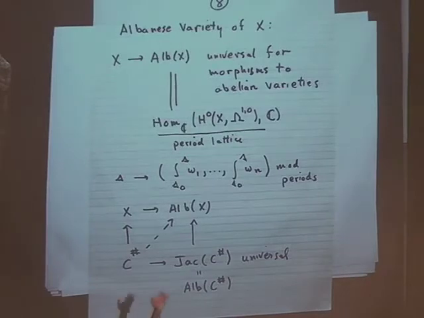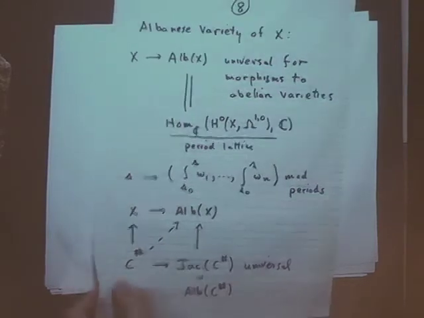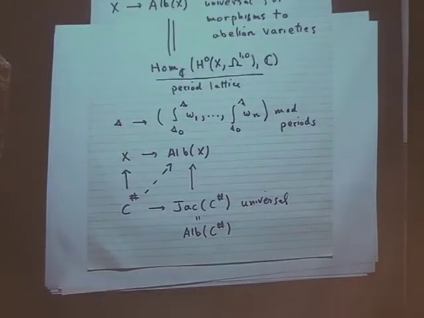Well, that will give you a vector of complex numbers, which actually defines a homomorphism from the holomorphic 1-forms to C. But of course, it depends on the path. So when you divide out by the ambiguity caused by the path, you divide out by a period lattice. So this is nothing other than the construction of the Jacobian, the map to the Jacobian on a curve. It's exactly the same thing. You take a basis for the space of holomorphic differentials on a curve, and you do this.